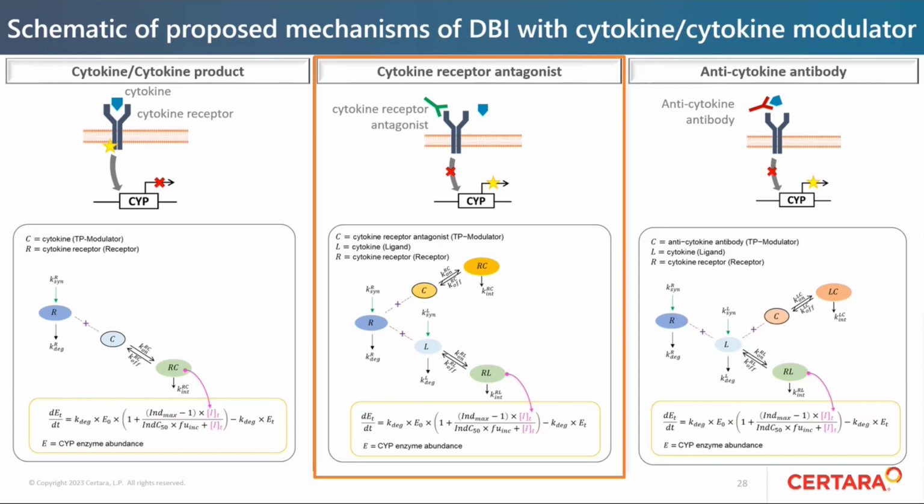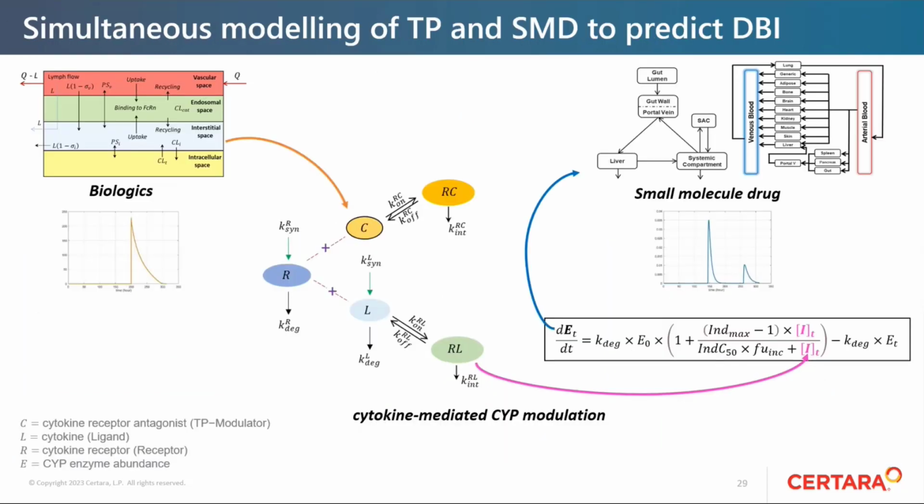And moving on to the next slide, I will take the cytokine receptor antagonist as an example to walk you through how we are going to link the biologics model with the small molecule model through the cytokine-mediated CYP modulation. So here we have the biologics model, the small molecule model, and the one that describes the crosstalk between the cytokine, the cytokine receptor, and the cytokine receptor antagonist. The concentration-time profile of the cytokine receptor antagonist is modeled by biologics PBPK and fed into this crosstalk model here.